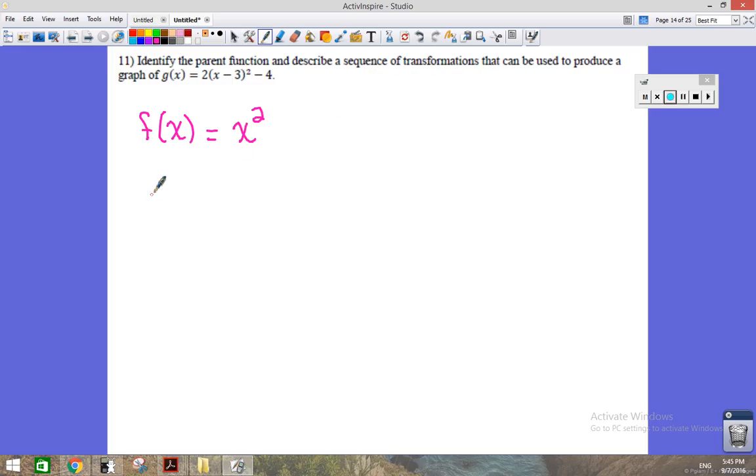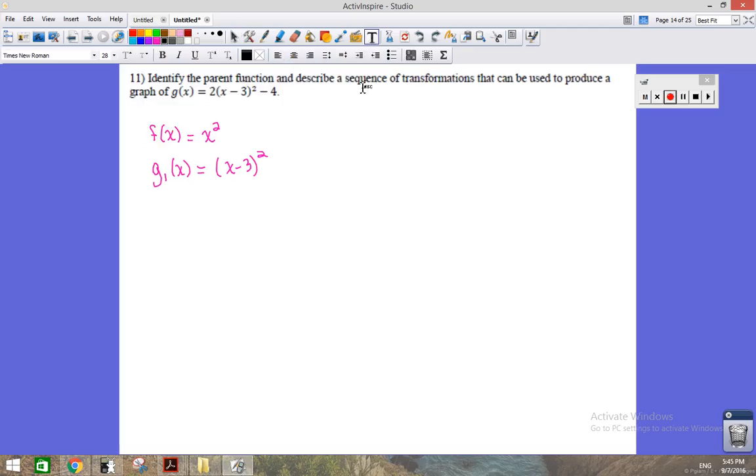So if I refer to this as my first step in getting my final graph of g, then this x minus 3, how would I describe that transformation? Well, you would take the graph that's immediately above it, the f.